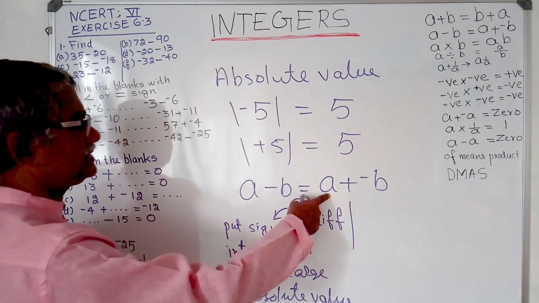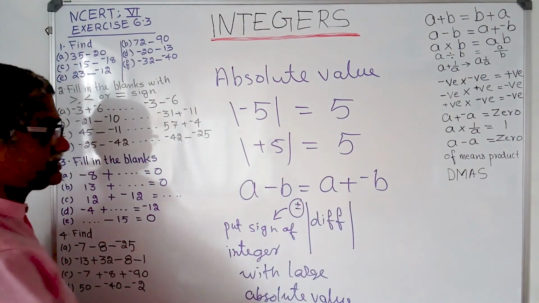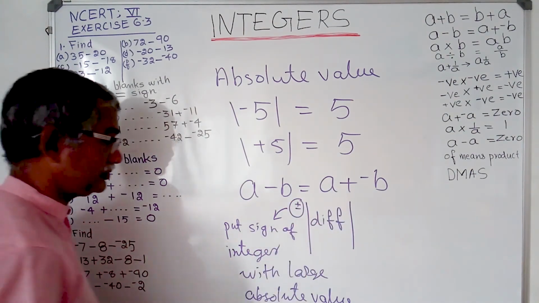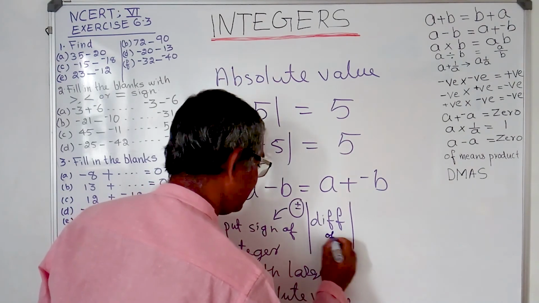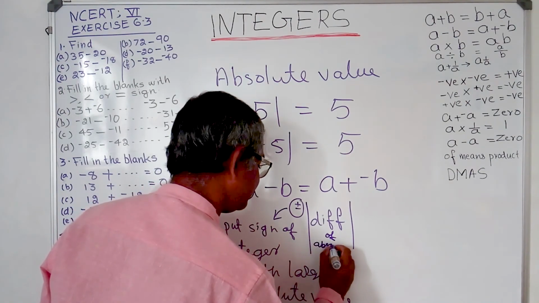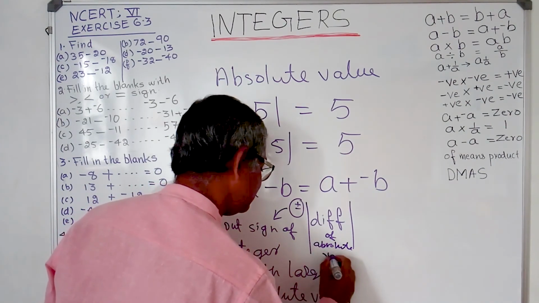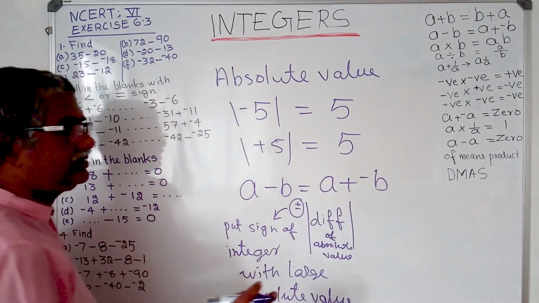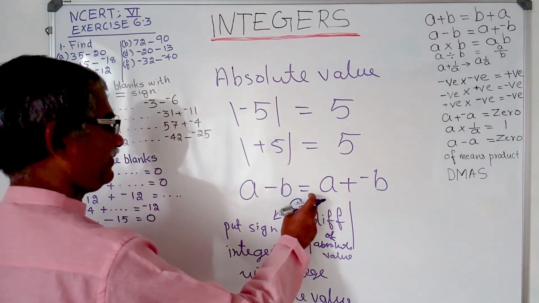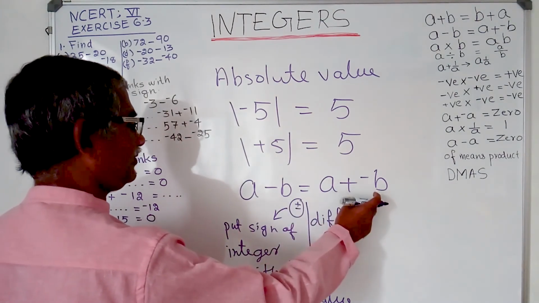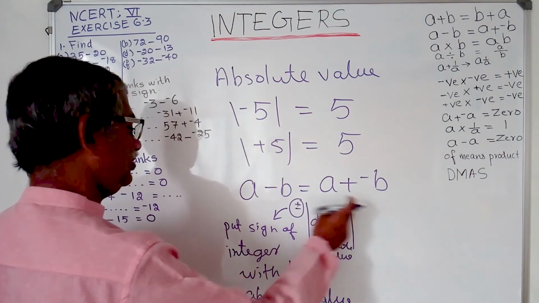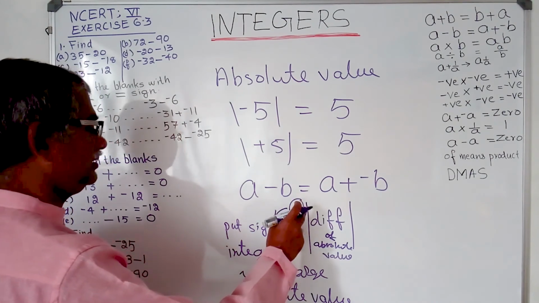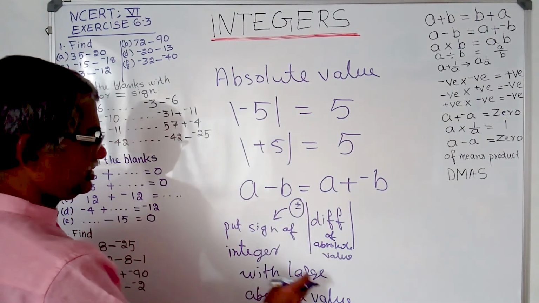How to add a negative and a positive? Take the difference of their absolute values. Considering a and b, put the bigger one first, then subtract the smaller one, getting a value, and put the negative or positive sign according to the absolute value.